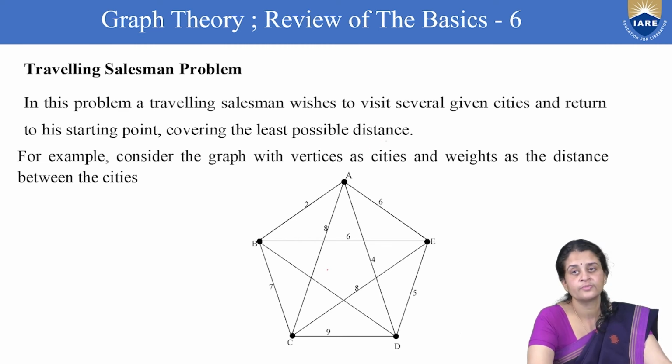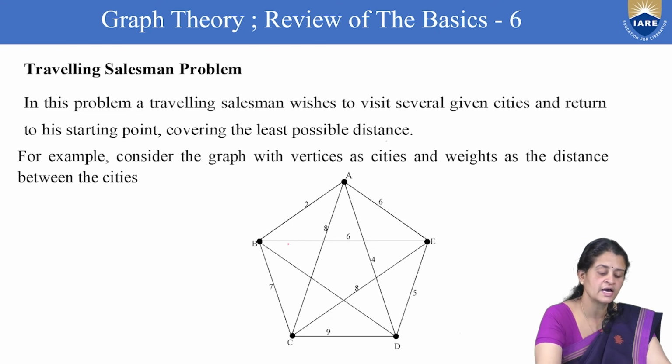Consider this figure. The vertices are named A, B, C, D, and the edges are given like this. Now we can see that it is a weighted graph. Why? Because every edge has been assigned a positive real number, which is termed the weight.